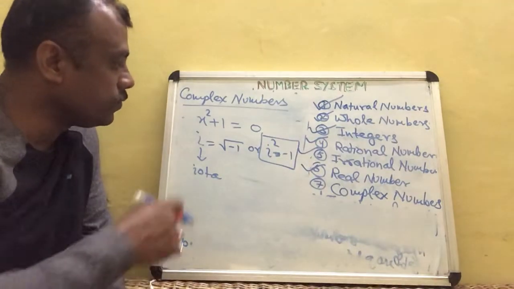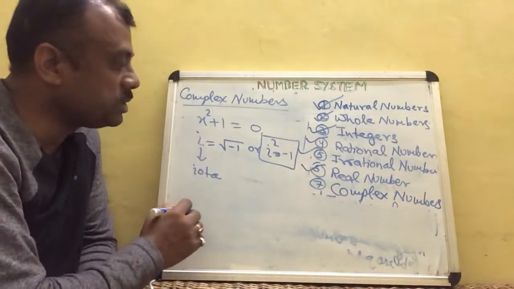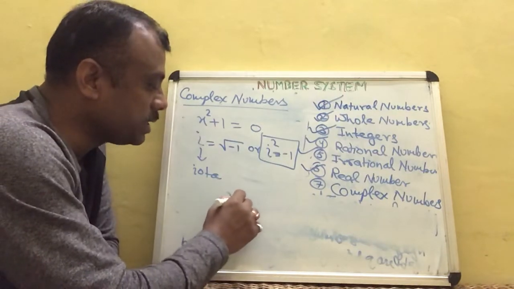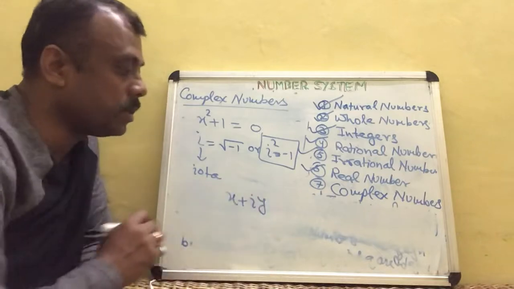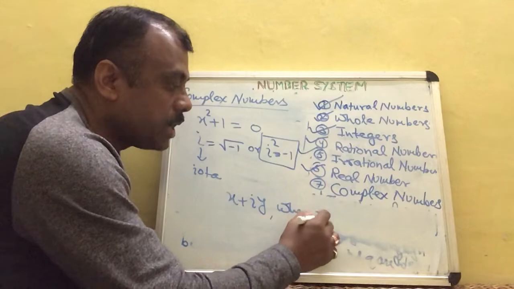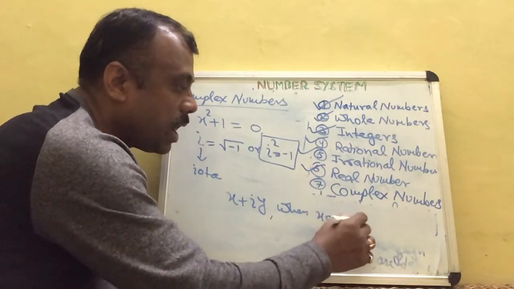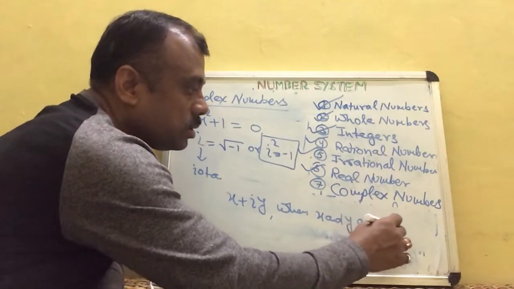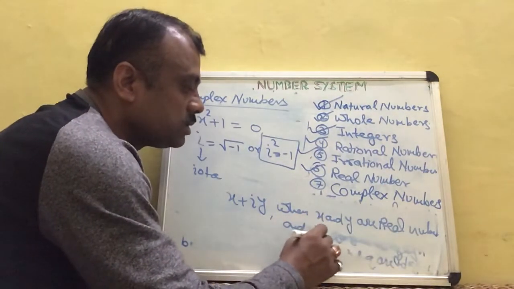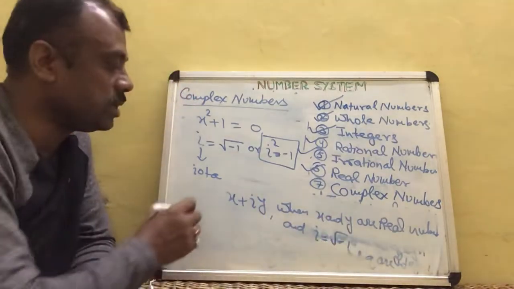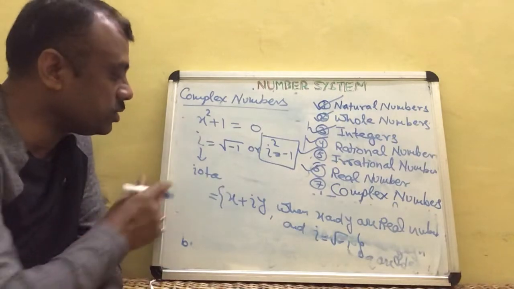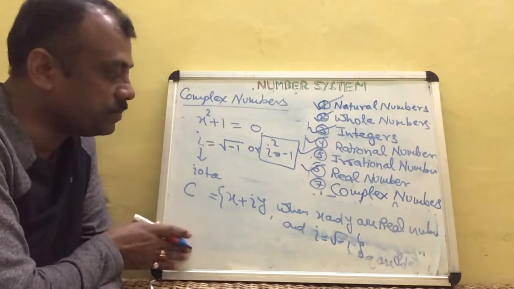So now the complex number will have numbers of this type, x plus iy, where x and y are real numbers and i is the square root of -1. This type of number system is called complex number system and is shown by C.